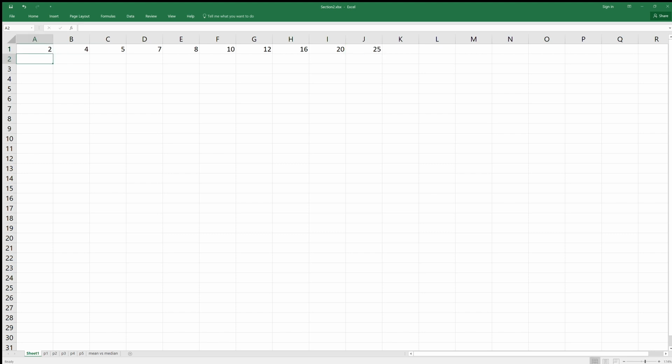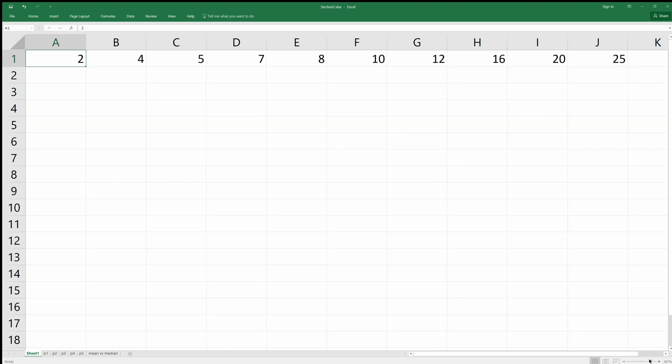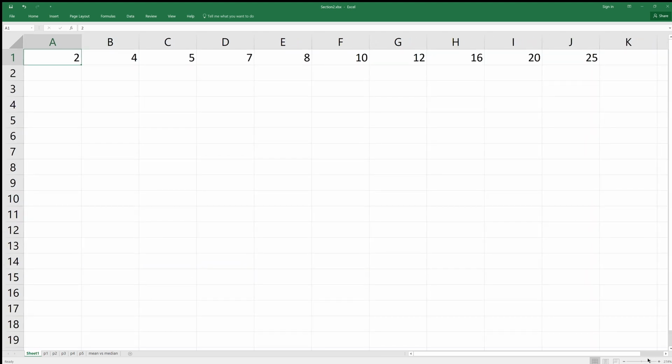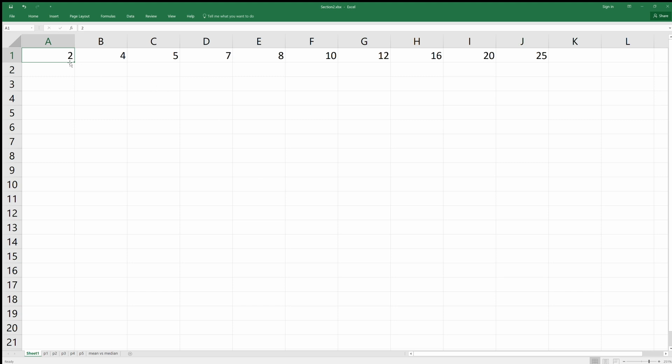How many have I got here? Let's see if I can blow this up a little, because I don't need maybe all of this. Let's make it a little smaller. There we go. So 1, 2, 3, 4, 5, 6, 7, 8, 9, 10 of them.